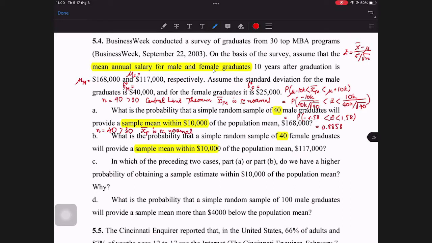And then from this, we can find the probability that mu minus 10K is smaller than x bar female, smaller than mu plus 10K. So the same thing happens here. We have P of minus 10,000 over 25,000.